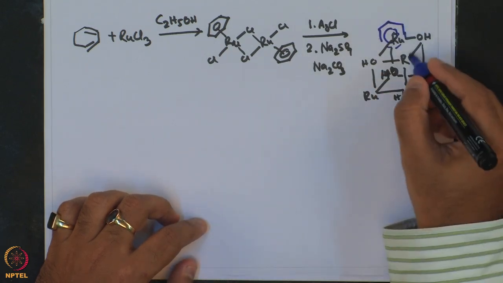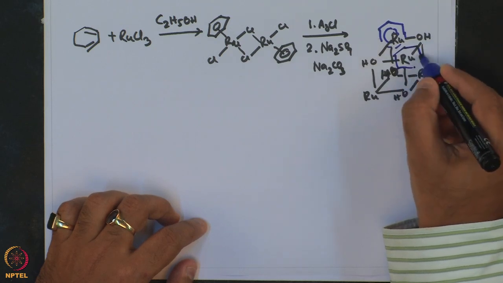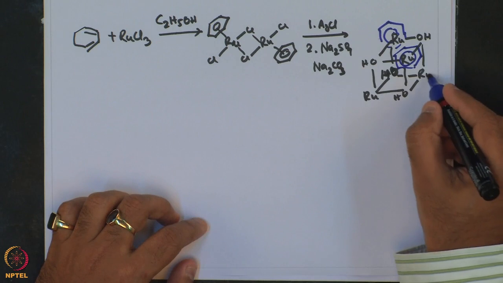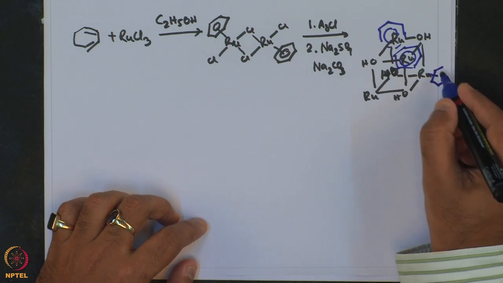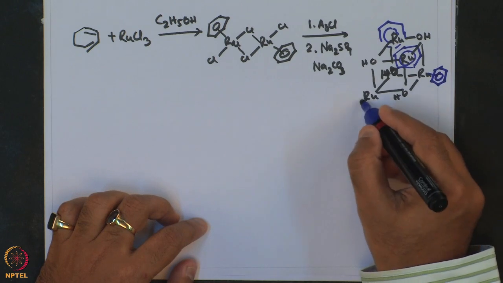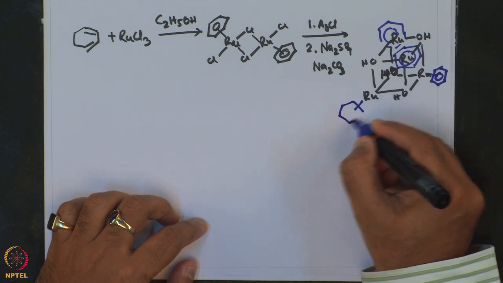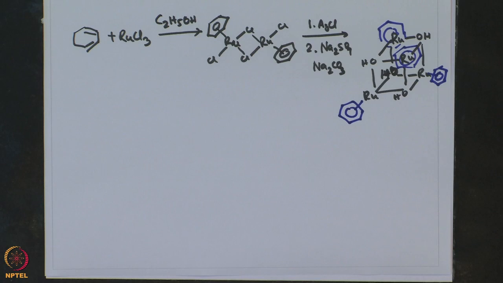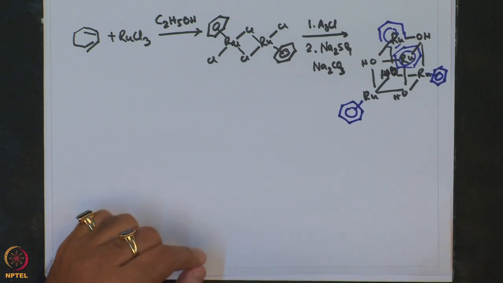There is one over here, and this one is bound to 1 benzene ring, and this ruthenium is bound to another benzene ring.